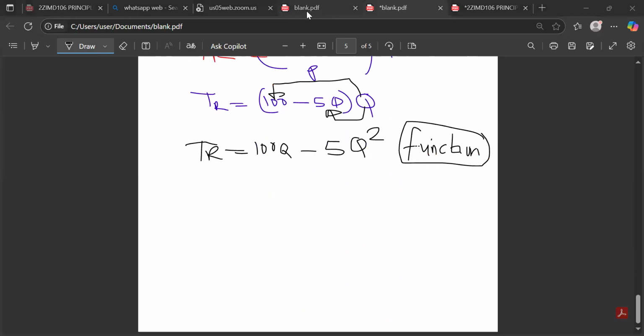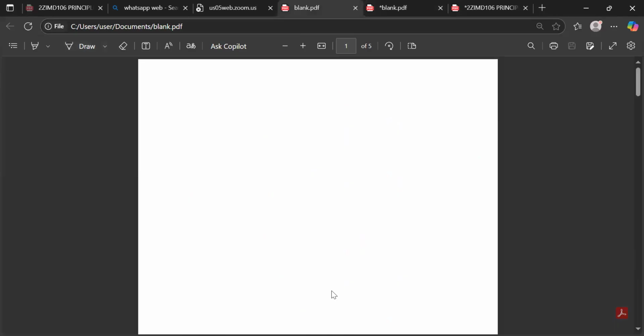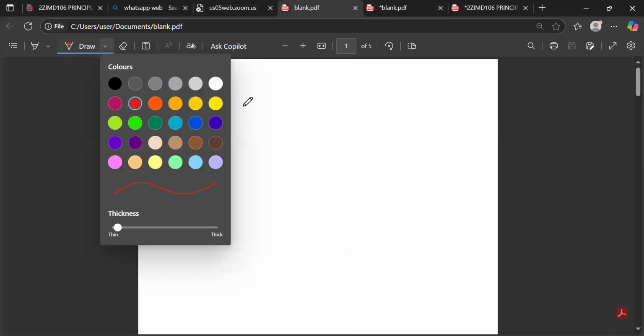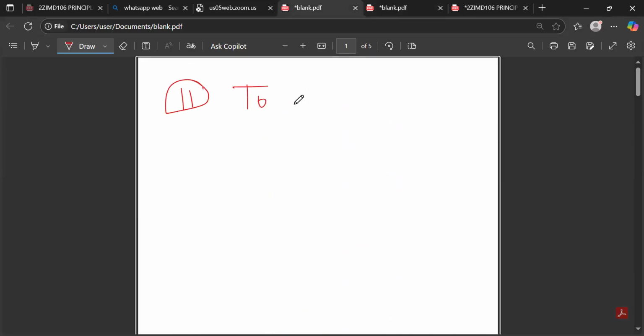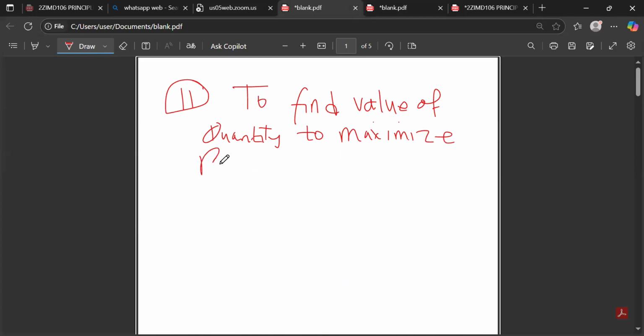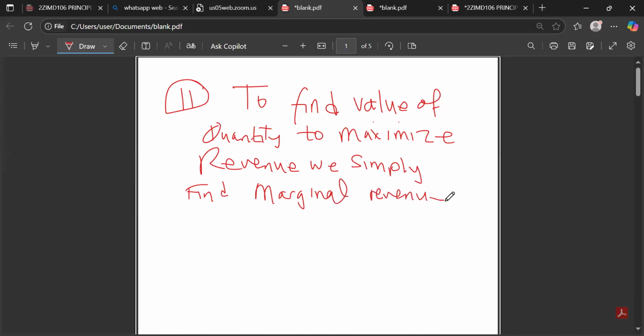To find the value of quantity to maximize revenue, we simply find marginal revenue and equate it to 0. Now, what is marginal revenue?